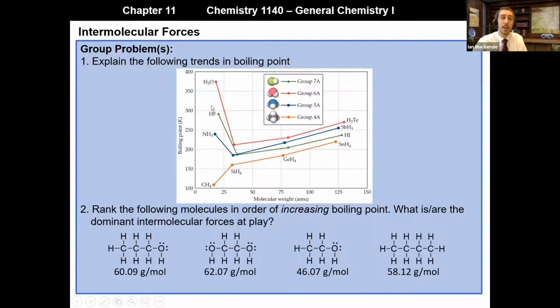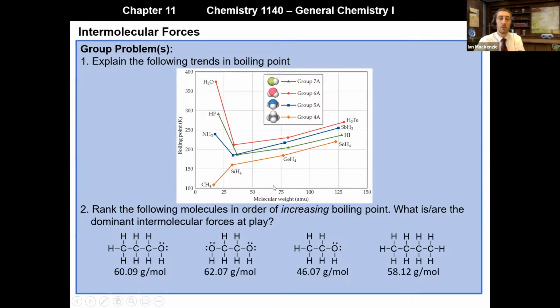And then the same thing here in green, we're looking at the hydrogen bonded to the halogens, so fluorine, chlorine, bromine, and iodine. In blue, we're looking at the nitrogen column, so nitrogen, phosphorus, and so forth. And then in orange, we've got the carbon columns, so carbon, silicon, germanium, and tin.